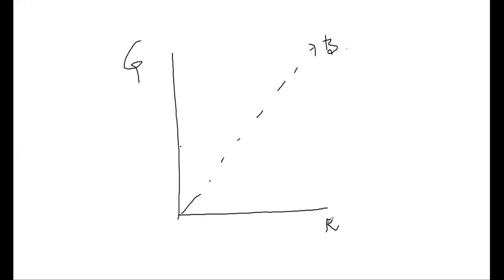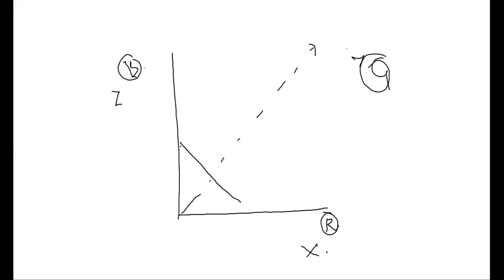What we did is insert this as X, Z, and Y. So in that case it is R, G, B. So this is the plane we are discussing, where X plus Y plus Z equals 1, right?